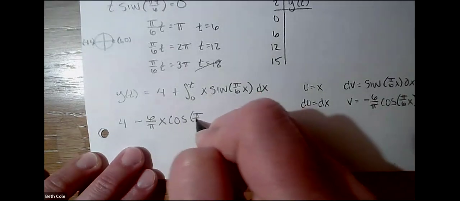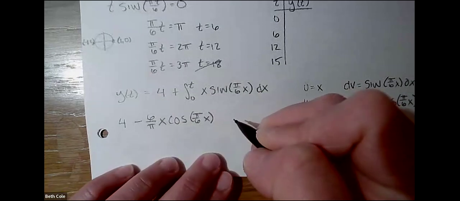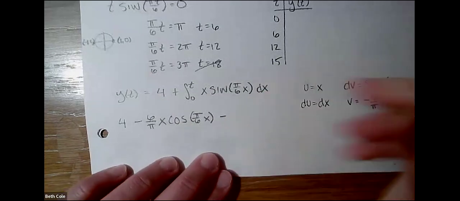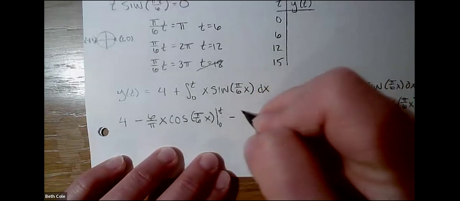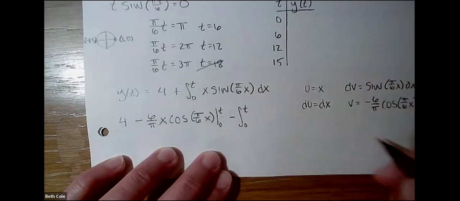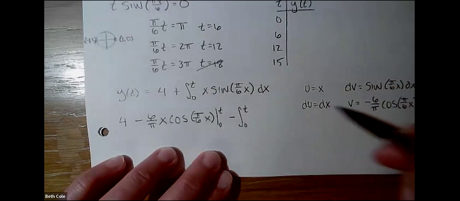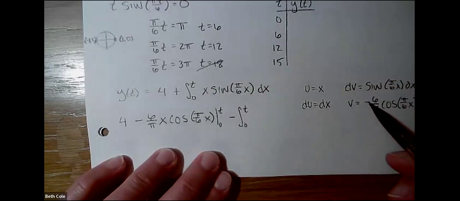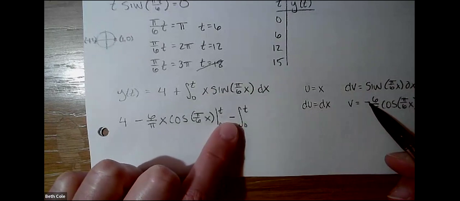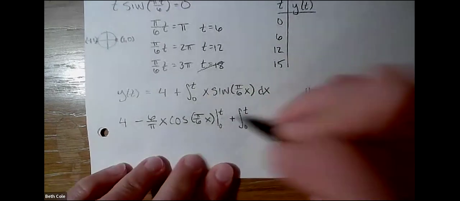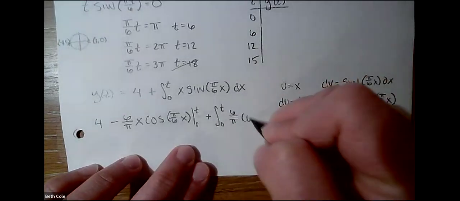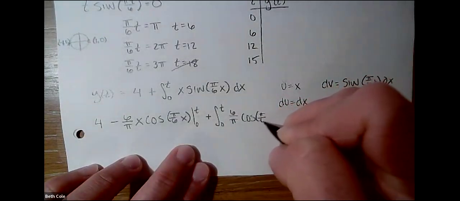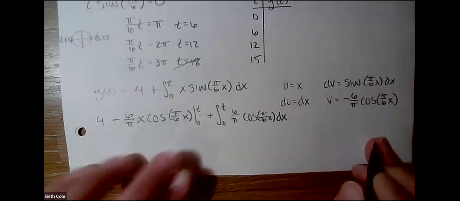Cosine of pi over 6x, minus, that needs to go from 0 to t, minus integral 0 to t of multiplying these two together. Negatives are going to cancel because we're subtracting, but then there's another negative here, so that's kind of nice. And it'll be 6 over pi cosine pi over 6x dx.